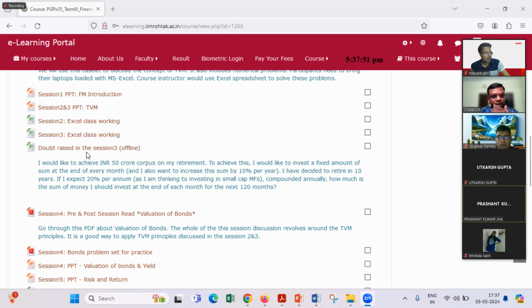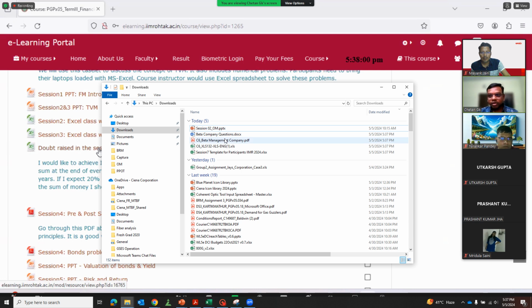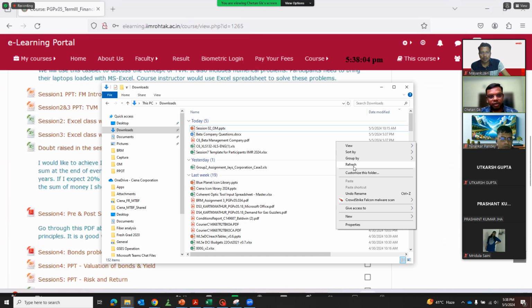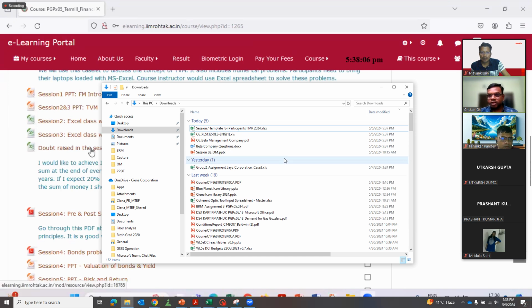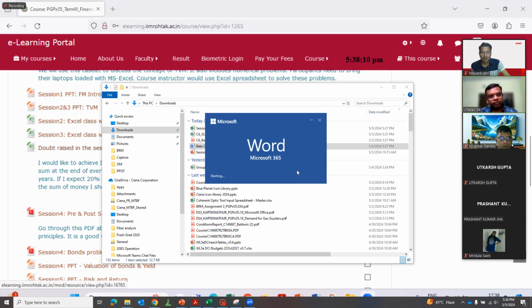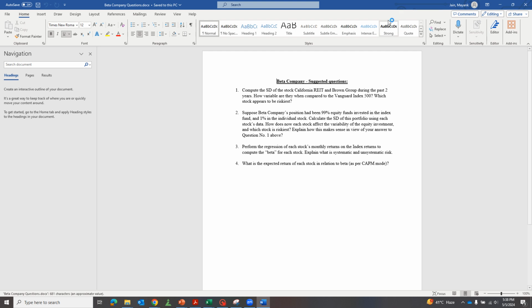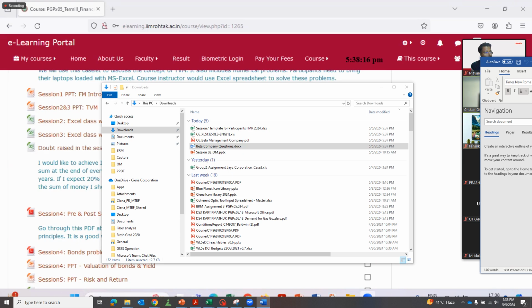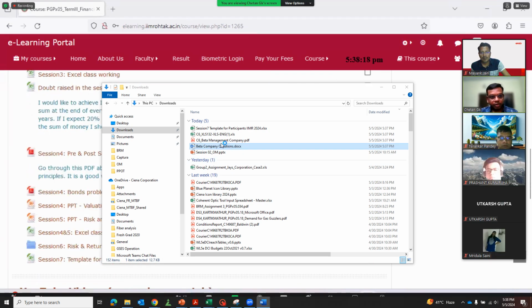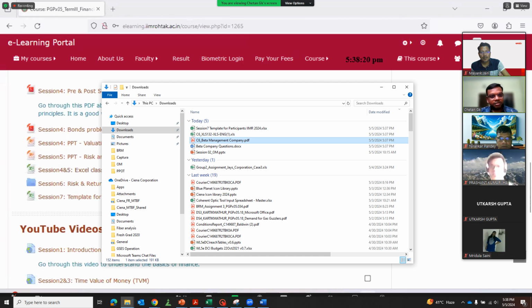Someone asked how to compute PMT if my investment is going up by 5% every year. I answered this query, so you can just go through this Excel sheet. The doubt has been cleared here. We have used the Goal Seek function to solve the problem. Those who asked me this, you can go through it. Everything else here is self-explanatory.